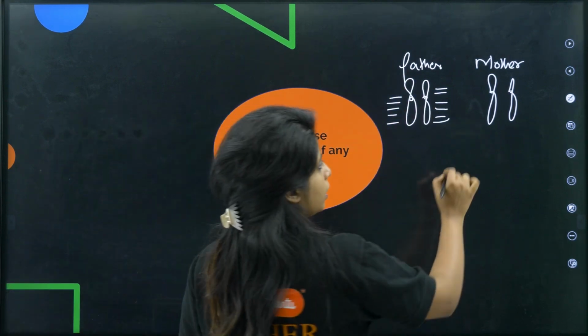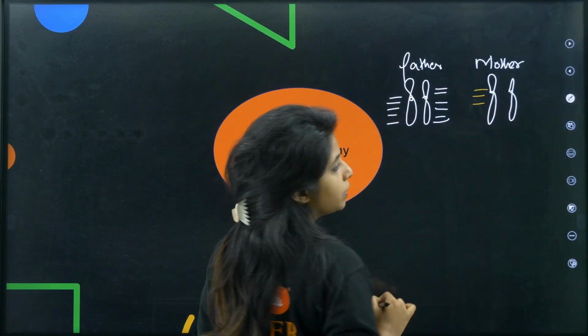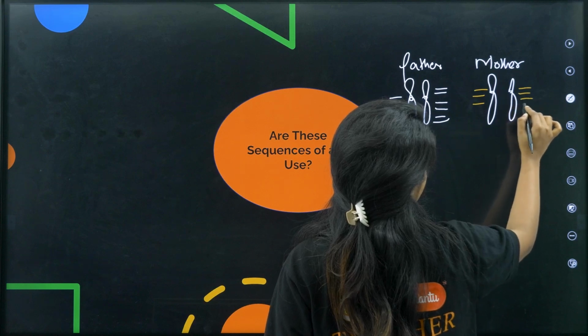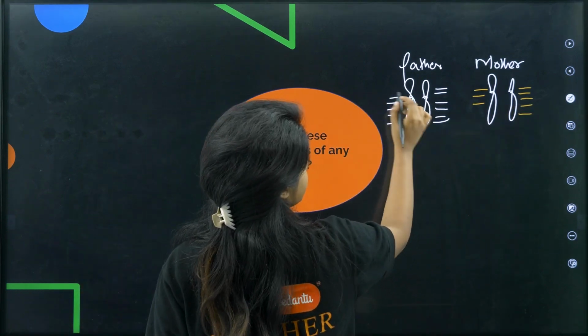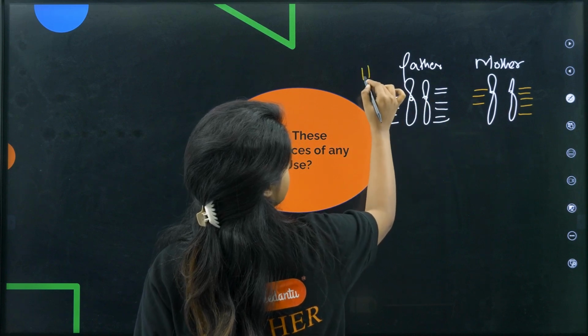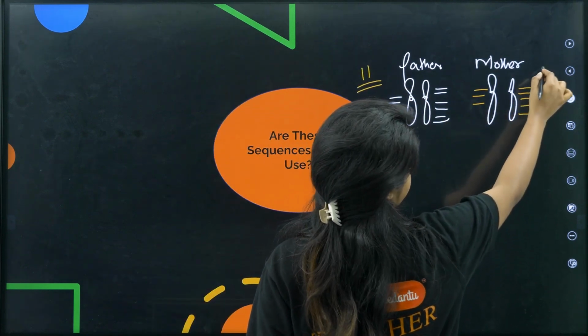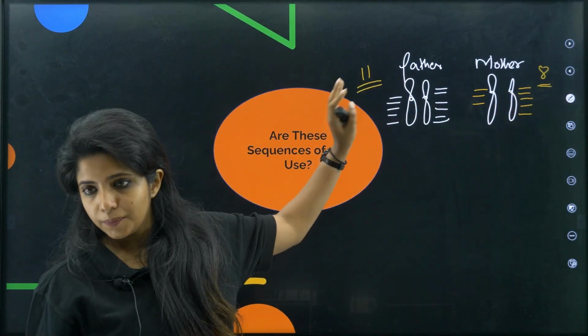In the case of the mother, she has 1, 2, 3 repeats in this chromosome, whereas on this chromosome she has 1, 2, 3, 4, 5 repeats. So here if you total it, 6 plus 5 is 11. Here, 3 plus 5 is 8. How many repeats are there? 8. Over here, 11.